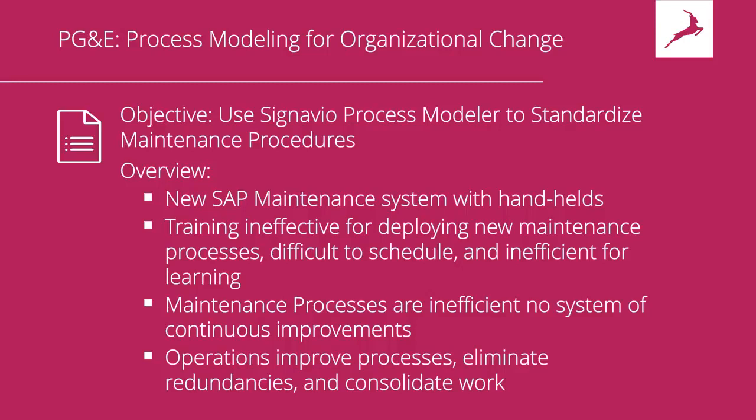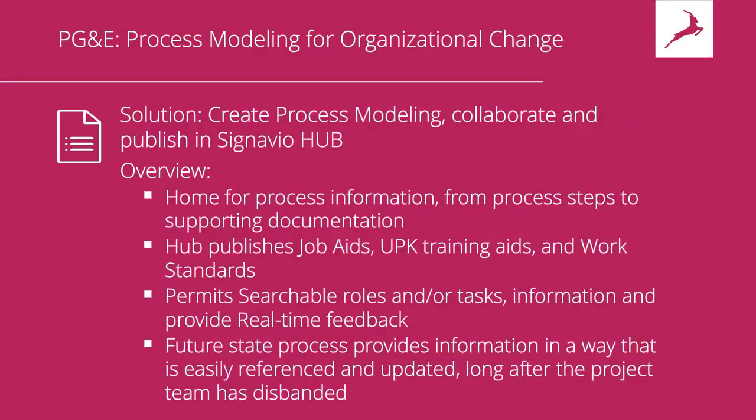And what we were able to achieve in terms of implementing the Signavio suite was to create a common model of what that maintenance management system would look like and publish that to our collaboration hub so that the maintenance people, individuals, would be able to actually go in and utilize the information and documentation that was on the collaboration hub and the definition of the process, right, and be able to find how they would actually utilize the SAP system.